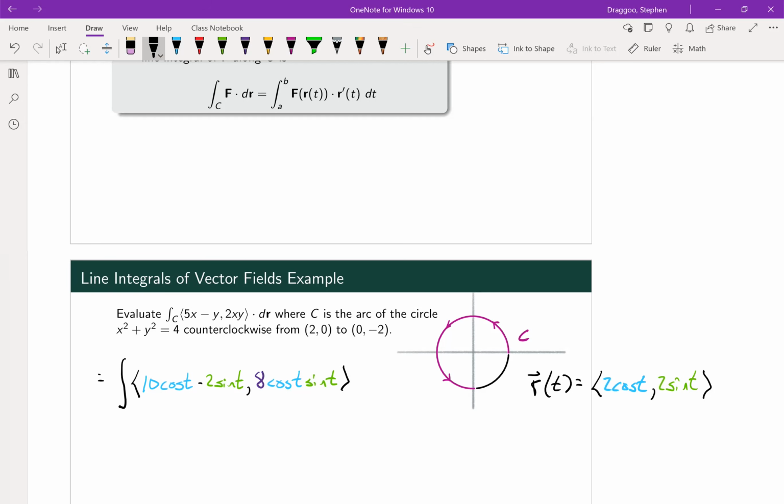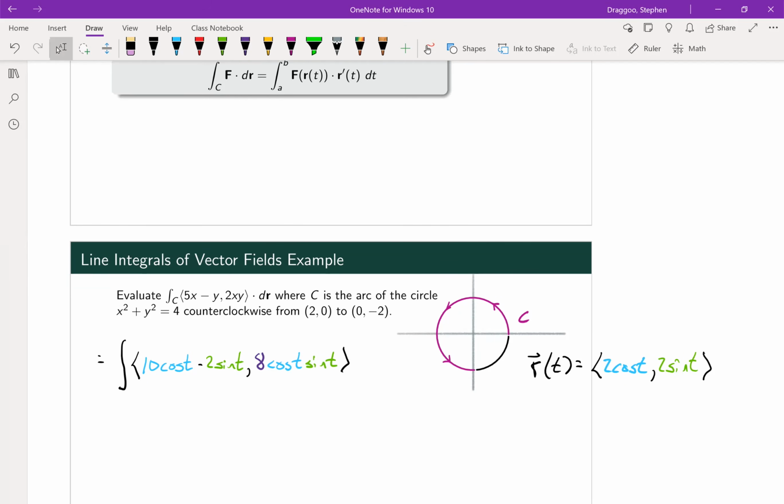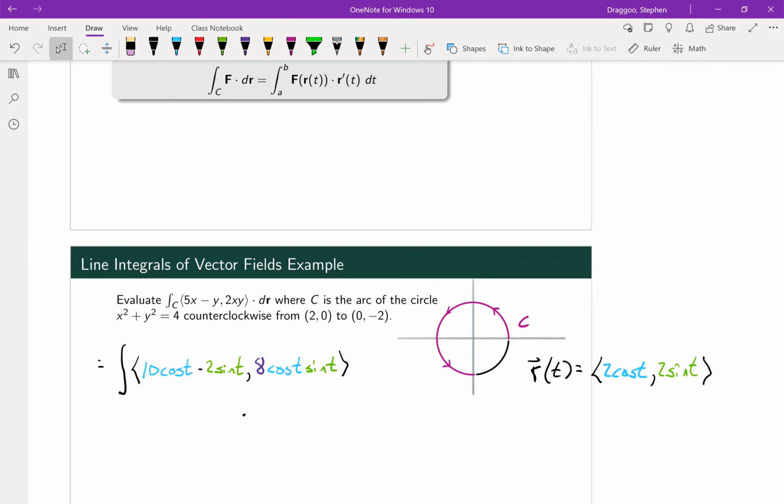And I am running out of space. So we're going to write the next part down below, and then we'll combine it here in a minute. We want to take the dot product of that with r prime.